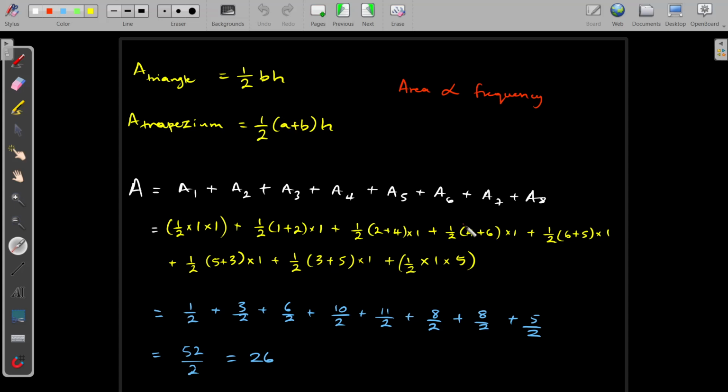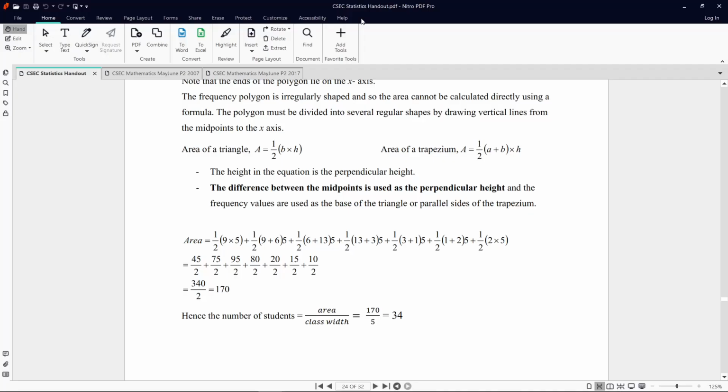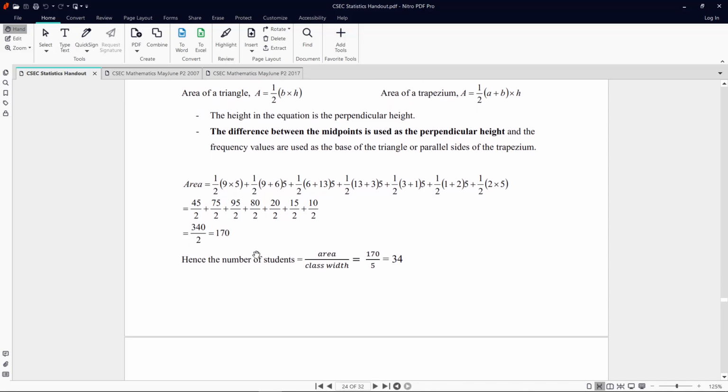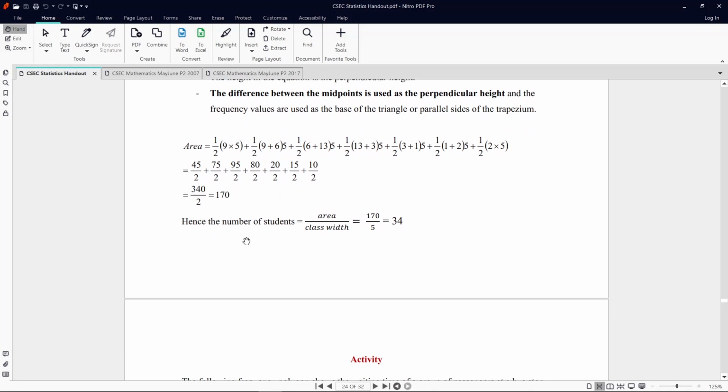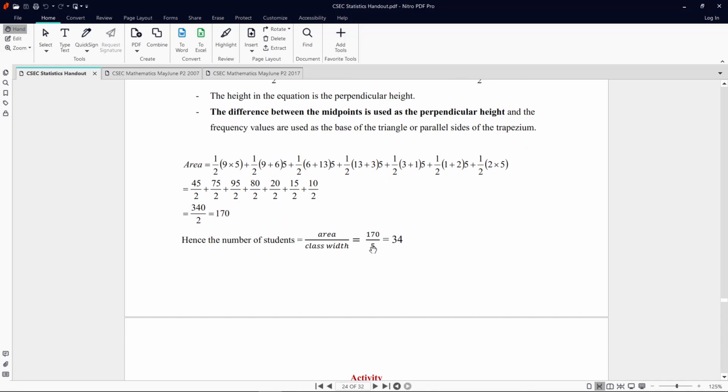Yes, sir. So once you identify the height, it's going to be the same height for all of the different areas. Now, they calculated this to get 170. And remember, for grouped data, we have to divide by the class width to get the frequency. So they divided by 5 and they got 34.